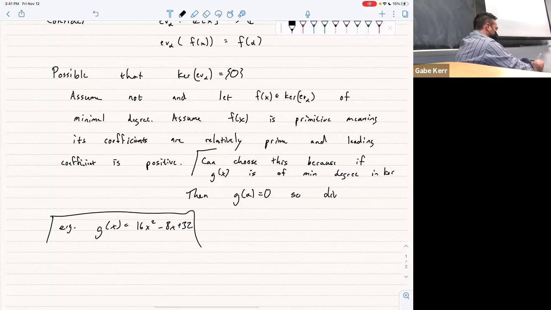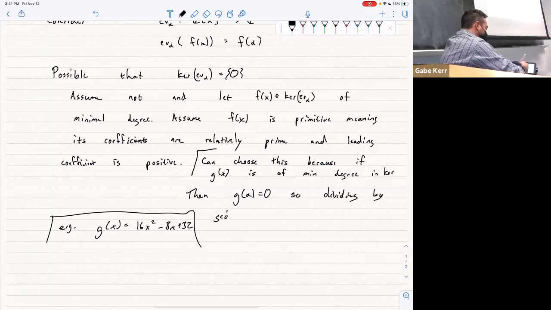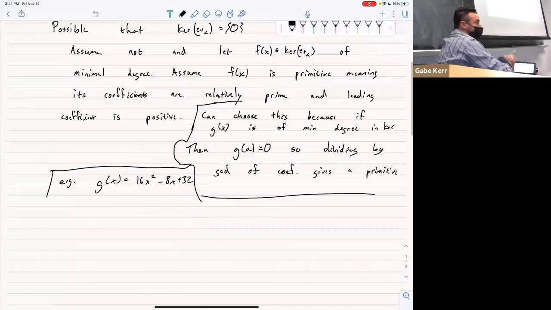Dividing gives a primitive polynomial. Now the claim is, if we find such an f, then the ideal kernel is in fact generated by this f. Claim.